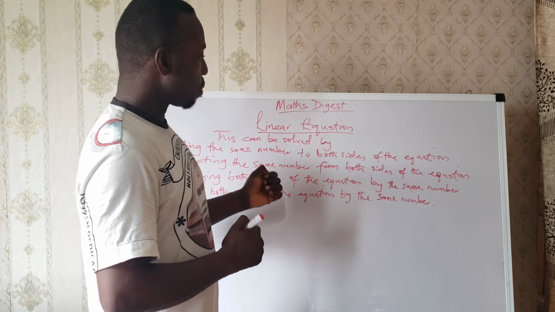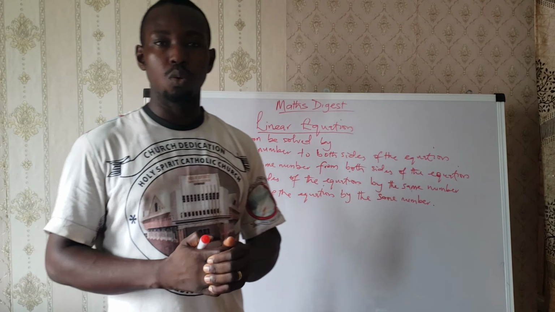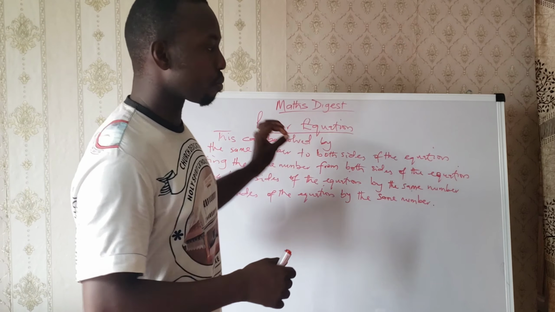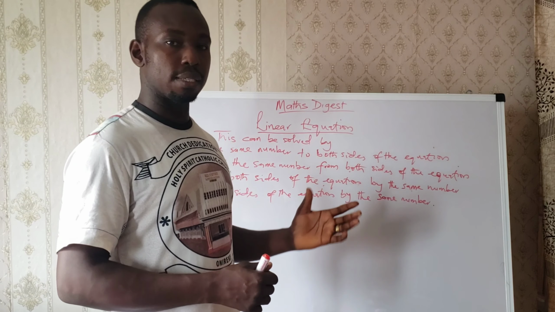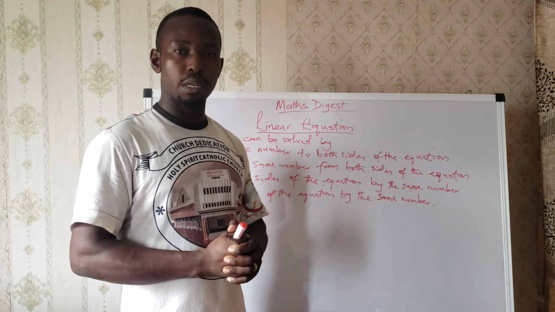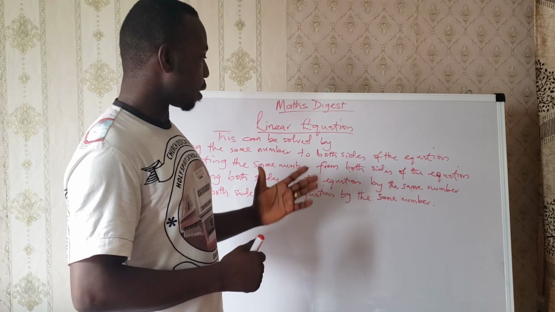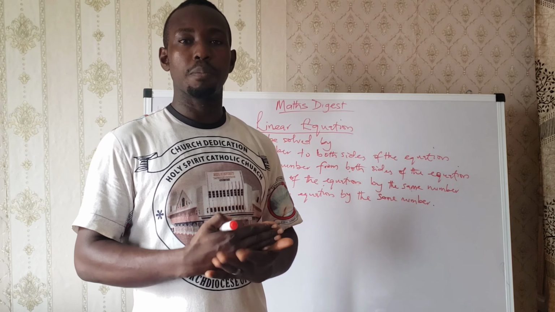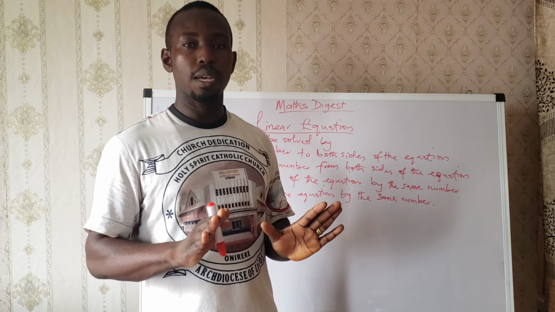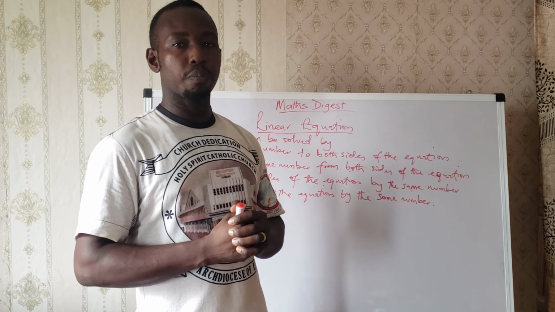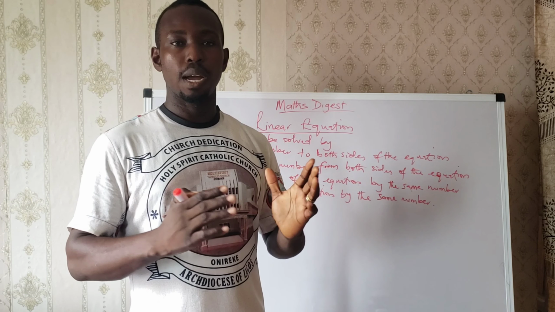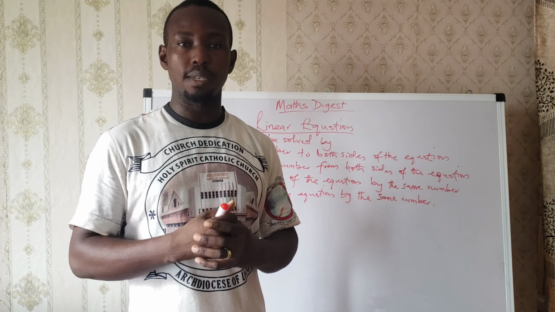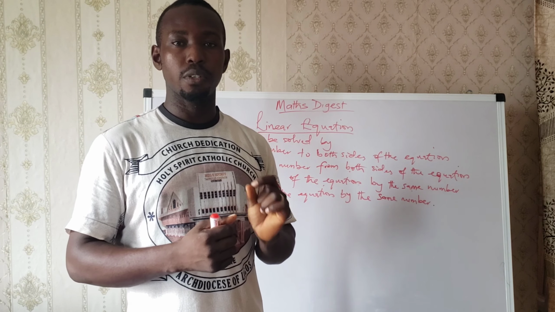Before we go deeper to other forms of equation, we're going to solve some problems or take some examples from linear equation. So for benefit of time, we may use one example on a normal linear equation and take one word problem. After we are done with these two, if you have any question you wish to ask on linear equation, feel free.